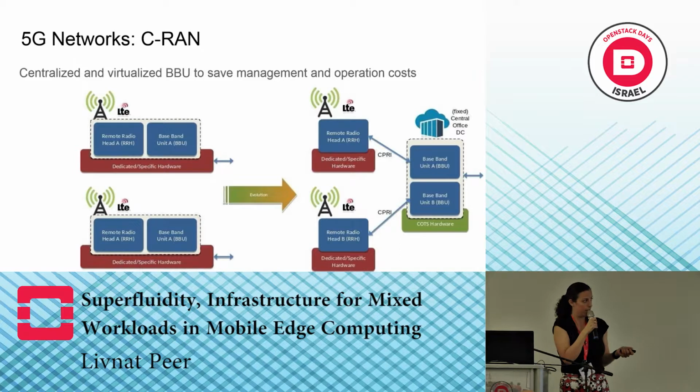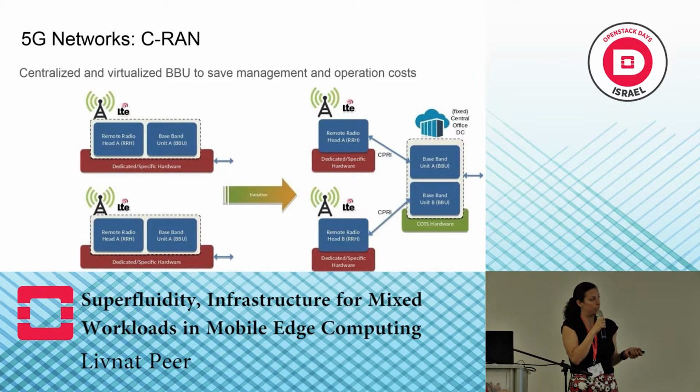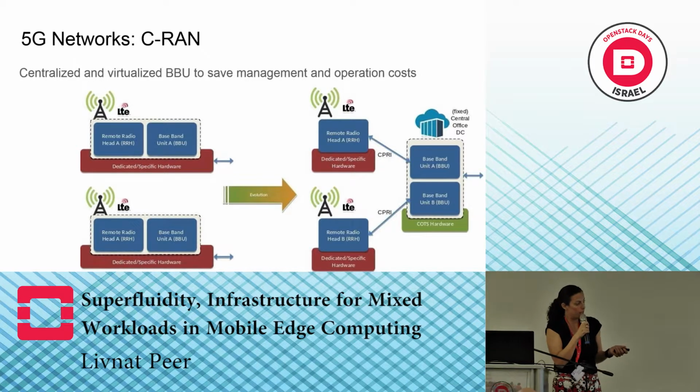It's not the whole computation, but at least this is what we will later call the C-RAN. So you can see here the aggregation. There is a physical limitation on the connection between the antenna and the BBU. It can be up to 2 kilometers, I think, or so. So the hub is limited. You can't aggregate all the antennas, but at least some of them. So this is also known as the C-RAN.